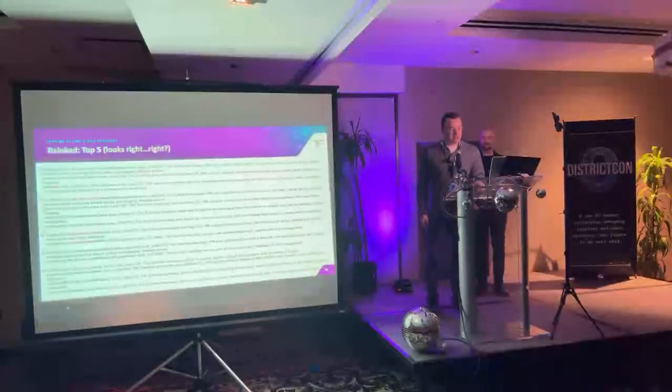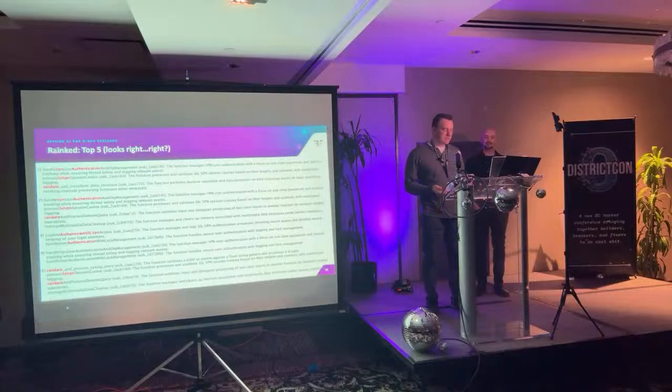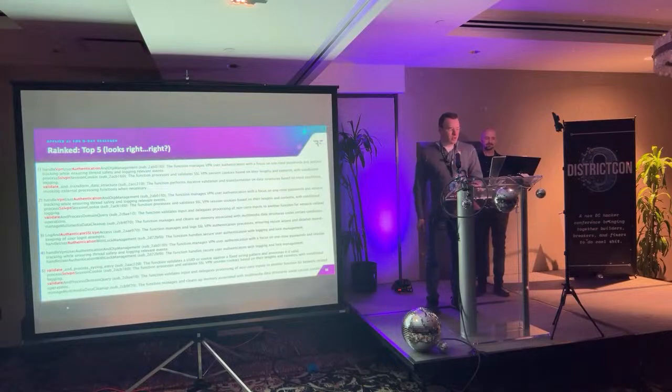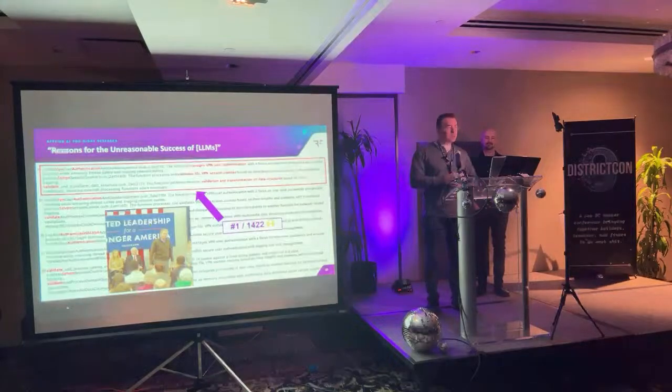And if we look a bit closer, it sounds right. The summary of these call chains is talking about VPN, authentication, SSL VPN. Seems like we're in the right spot, but if we look even closer, we find that the top ranked item is actually the changed function that we care about. It's the one responsible for fixing this vulnerability.